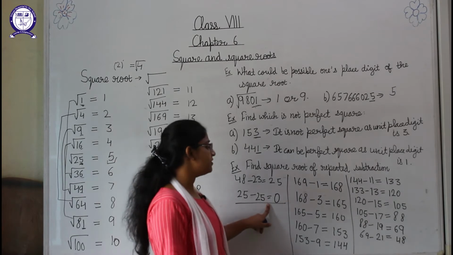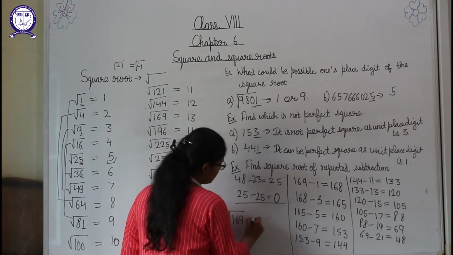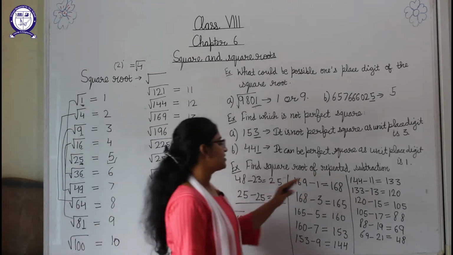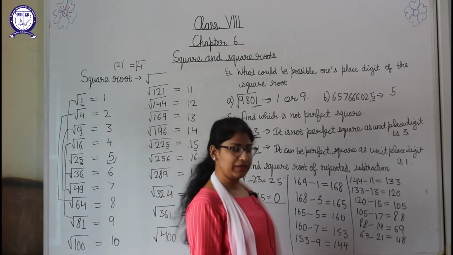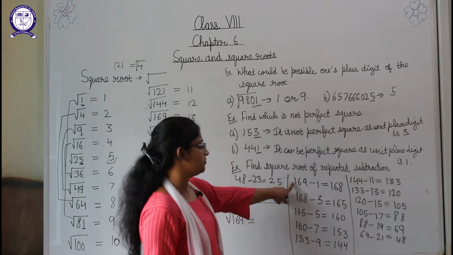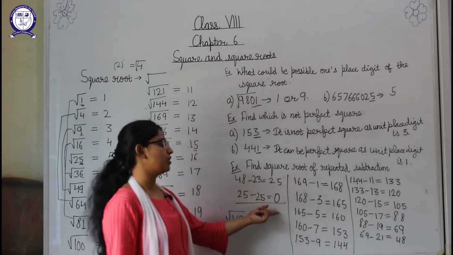Now students, we were finding the square root of 169. This was our question. By repeated subtraction, we have subtracted odd numbers repeatedly. Now we will check these steps, in how many steps we get 0 here.